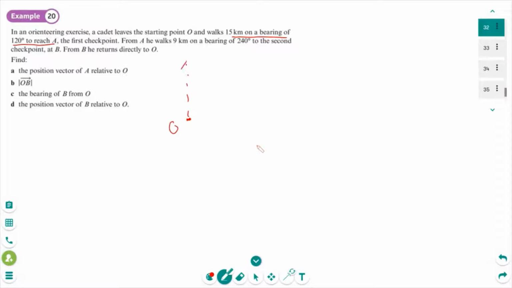Bearings are measured clockwise from the north line, so this angle is going to be 120 degrees to the point A. That distance is given as 15 kilometers.